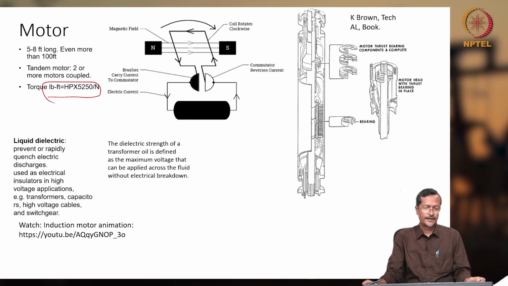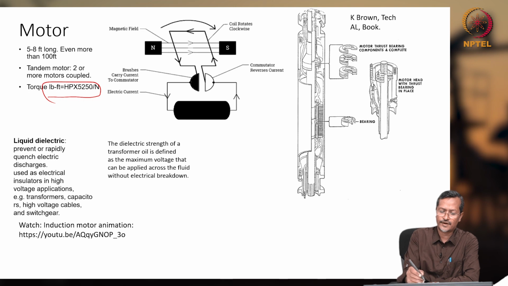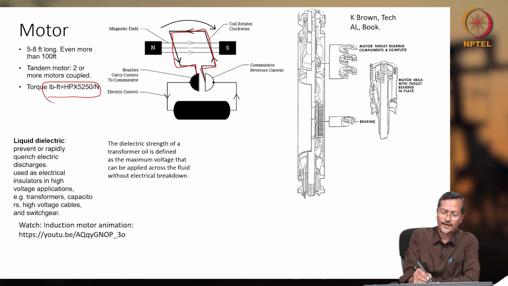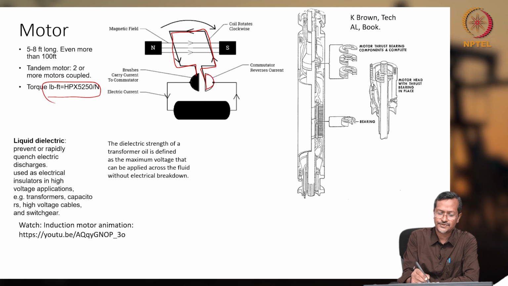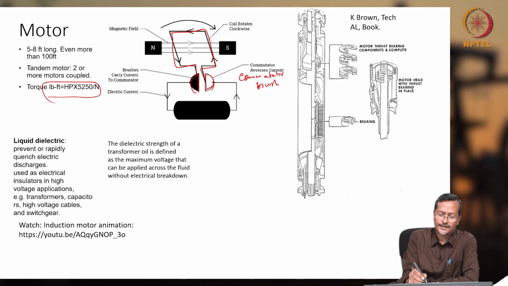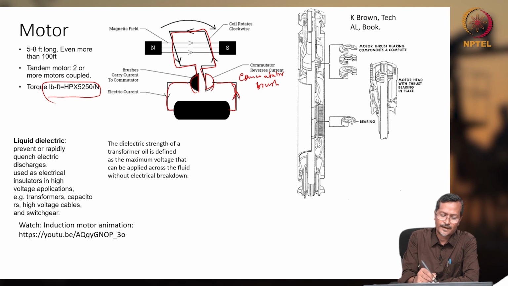Okay. And how it is working: say you have one electrical conductor like this, and you have brushes, commutator brushes, and electric current will be like this and go back there.